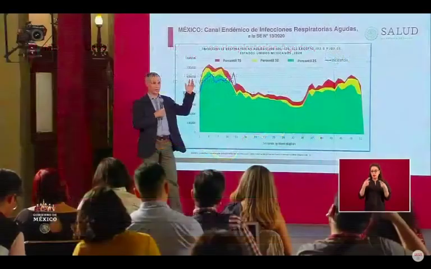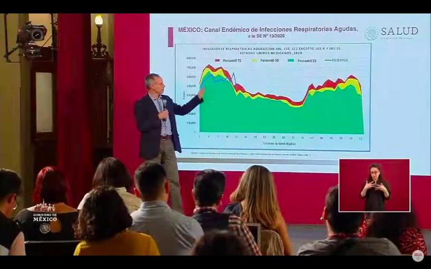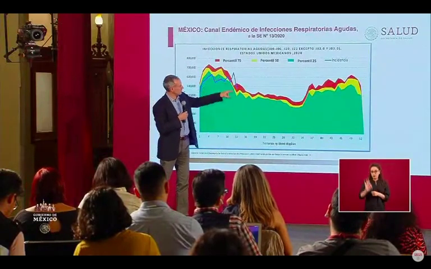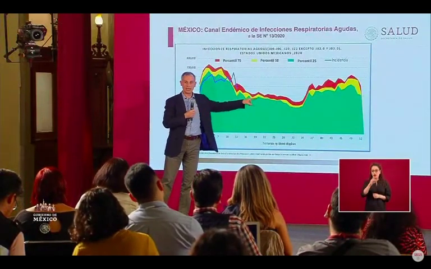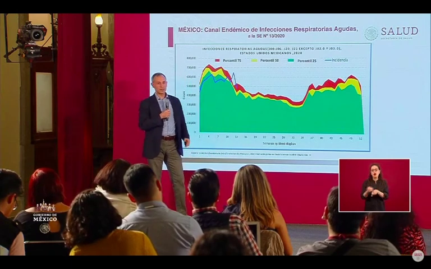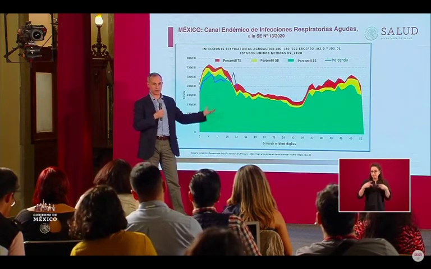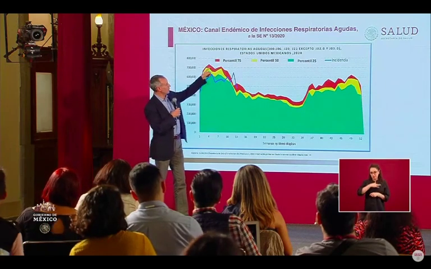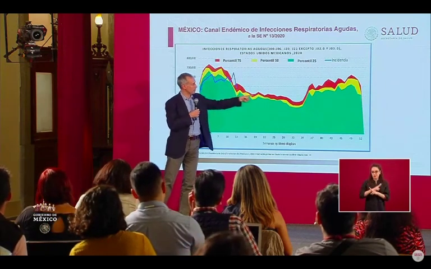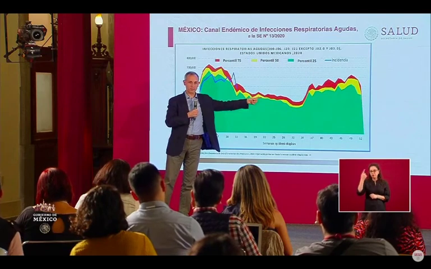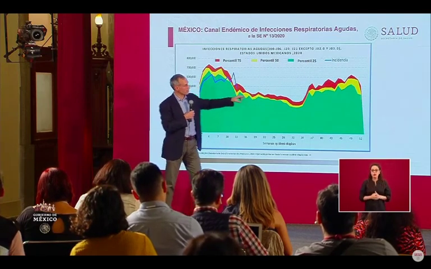This is what you see in green. 50% of the people presented those infections on these dates, and that's the yellow part. Now, 3/4 presented these infections on these dates, and this is the red zone.